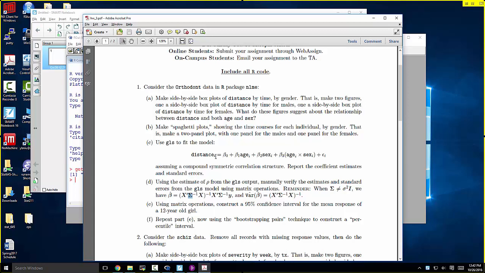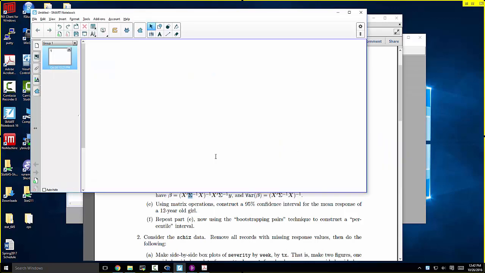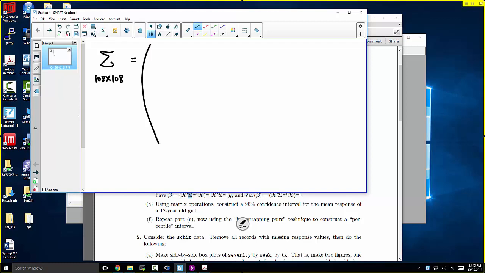Since the data are organized as chunks of 4, the first 4 rows is individual 1, followed by the next 4 rows for individual 2, and so on, we said that capital sigma, which is 108 by 108, it's 27 times 4 equals 108, is of this form.